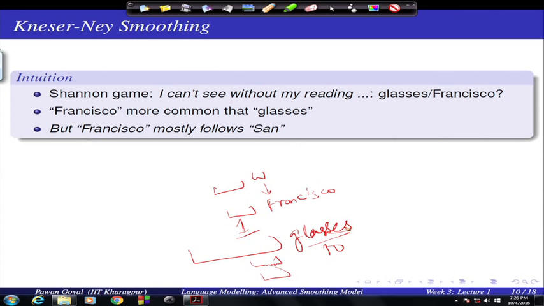After reading, a word is more likely to occur if it has already completed many other bigrams, if it is more commonly used in bigrams with many other words. This will not happen with Francisco, because Francisco is used only after San. So given a new context, Francisco is probably not a good choice. But glasses occurs with many different words, so after a completely new context, glasses is a better choice than Francisco.